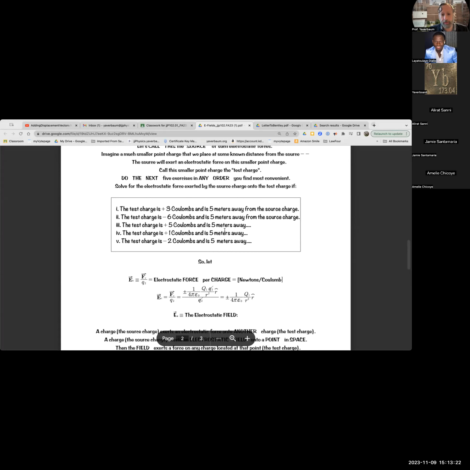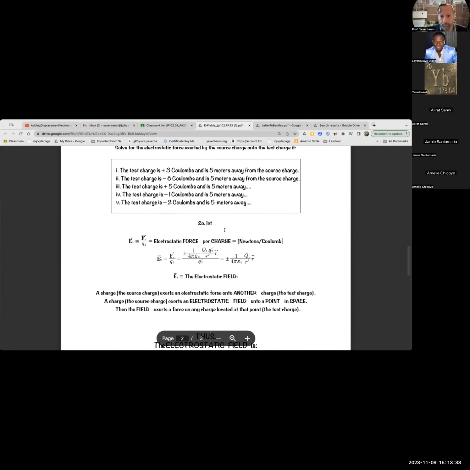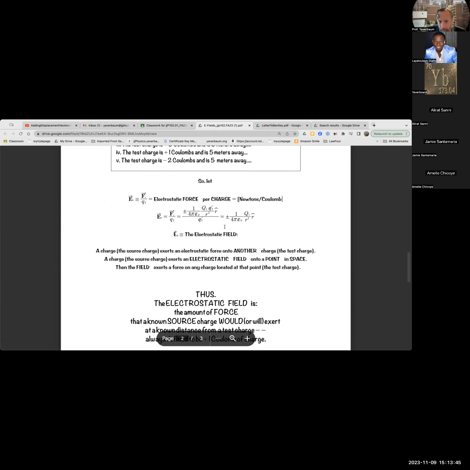The ultimate purpose of this part, it was sort of repetitive computations that were meant to ultimately show that if we wanted to cut down on the tedium of electrostatic force calculations, we can package a bunch of the information in advance and call that package of information the electrostatic field, right?